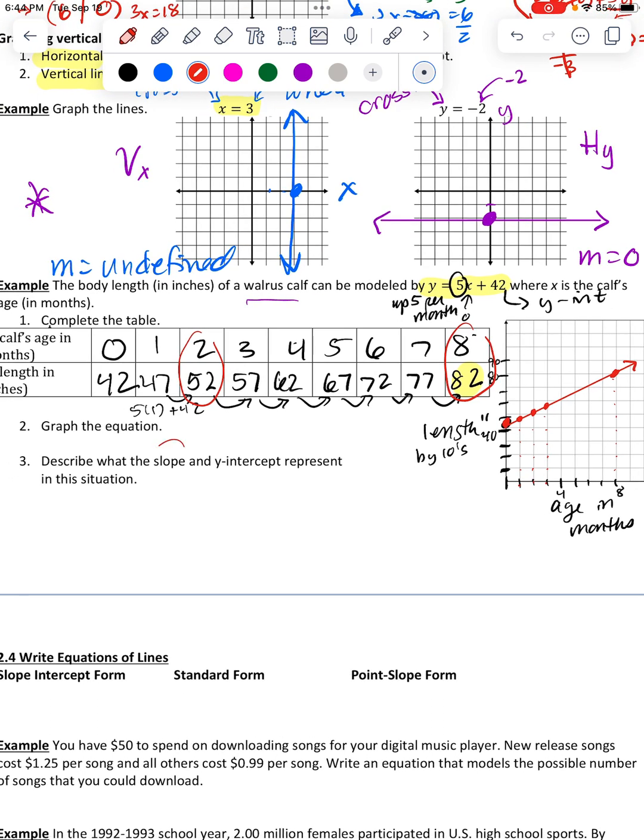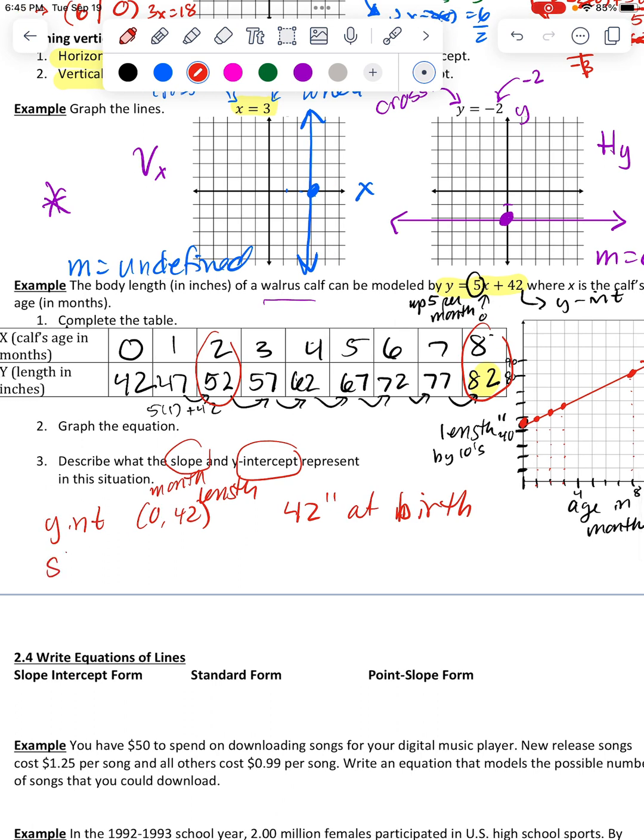So describe what they mean or represent. Okay, well, the y-intercept is 42. So this is months and this is length. So that basically means that they're 42 inches at 0 months, so at birth. That's a pretty long baby. Then it wants to know about the slope.